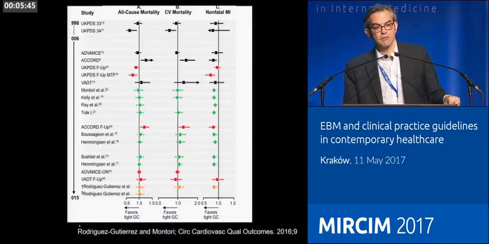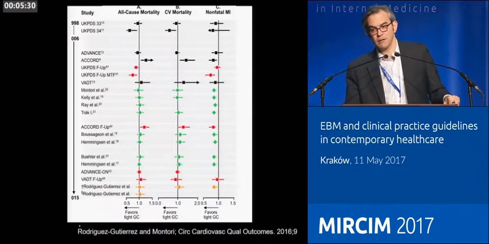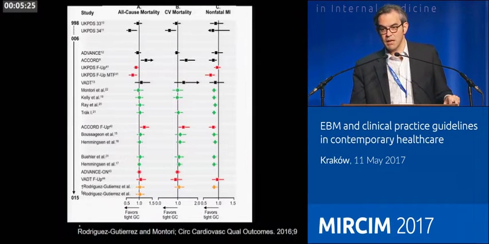Those in red are the follow-up of the trials indicated by the same name. And in green are meta-analyses of the trials accumulated and of the follow-up studies accumulated up to that point, including the orange at the bottom, which is the most updated meta-analysis.